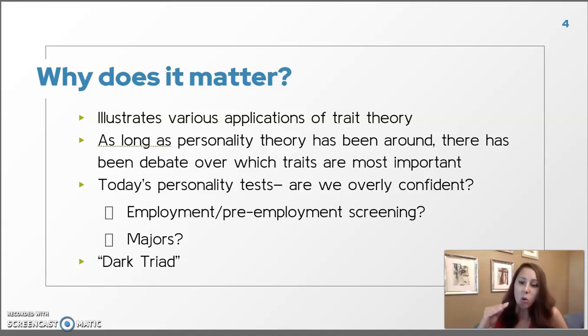But we never go quite as far in personality as to say this could make you a dangerous person. This could be an indicator that you're somebody who could hurt somebody, or that you're somebody who'd be capable of committing a crime, or you're somebody who could create so much chaos in a work environment that you're actually causing problems within a company. So the Dark Triad is 3 personality traits of psychopathy, narcissism, and Machiavellianism.